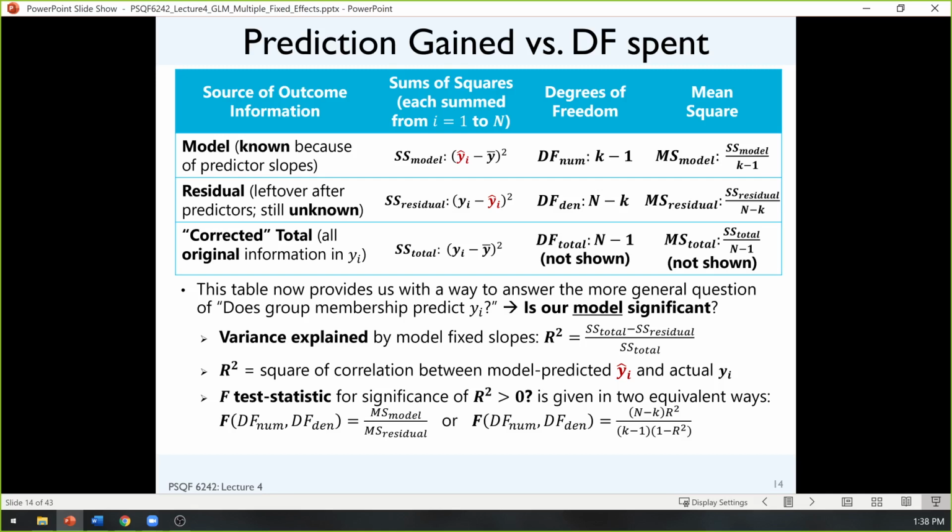Then that's my F for the model that has 3 slopes in it. In addition to that, I might want to lump together the 2 slopes for group to talk about its contribution specifically. So the idea of an F-test is a lumping of slopes. That happens in many strategic ways.